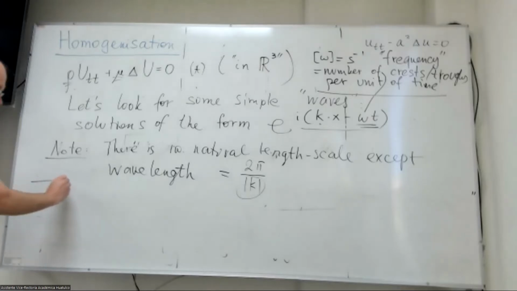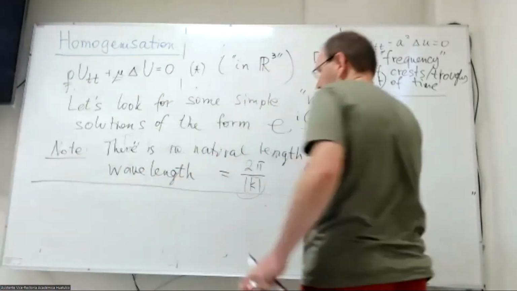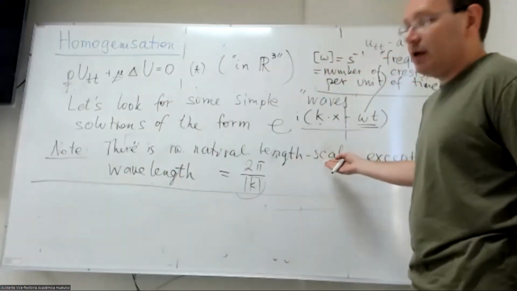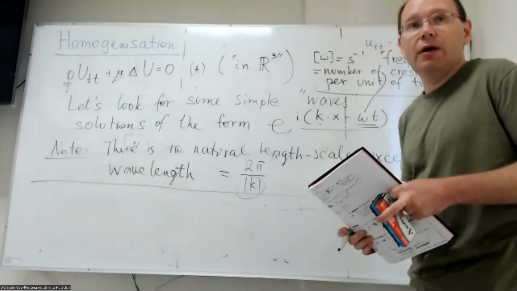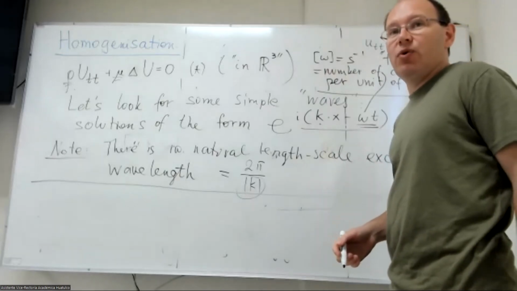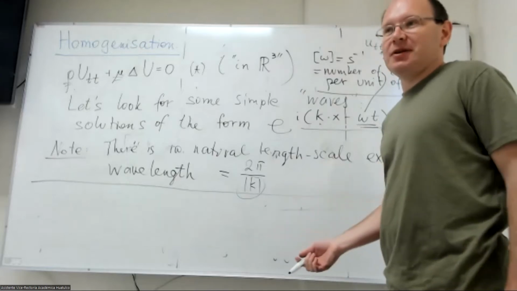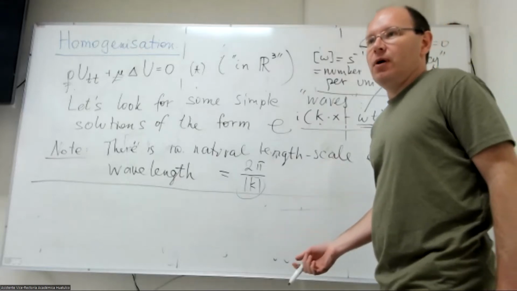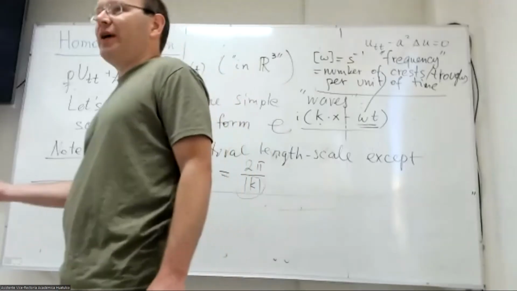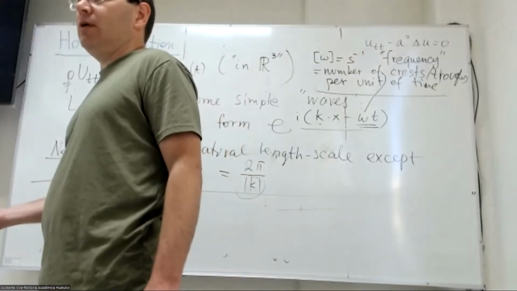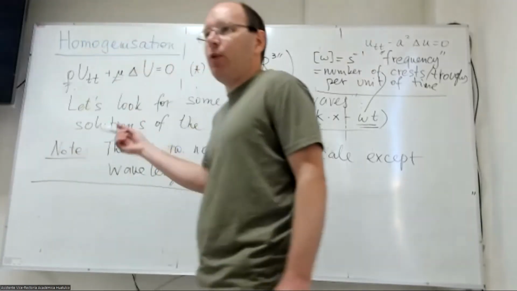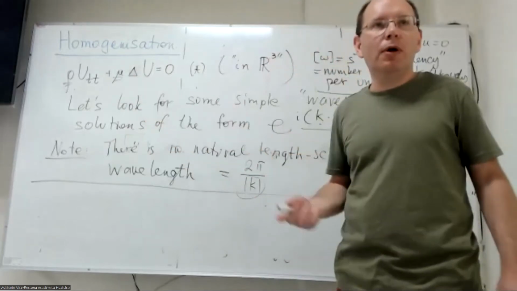Okay, so why I make this note here is because I would like to also think about ways of introducing an additional length scale when I want to move to more complicated models. At the moment, it's just waves propagating through a homogeneous medium.